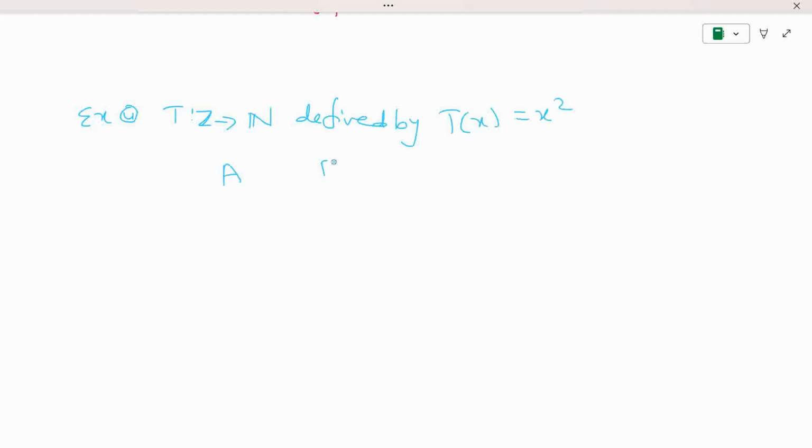We have two sets. Now here there should be only positive integers which are greater than or equal to 1. So here I can write only 1, 2, 3, 4, 5, 6. Now on this side I can write minus 1, 1, minus 2, 2, minus 3, 3, minus 4, 4, minus 5, 5. And here we have mentioned x square.